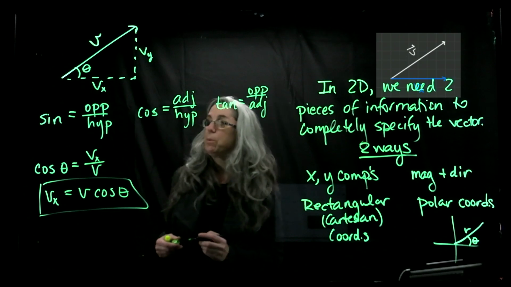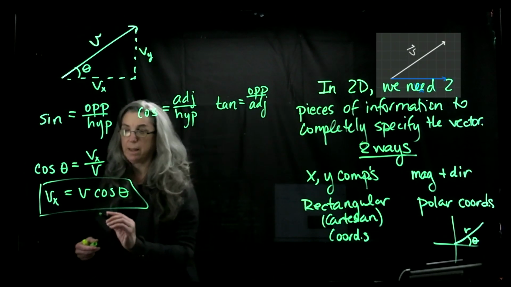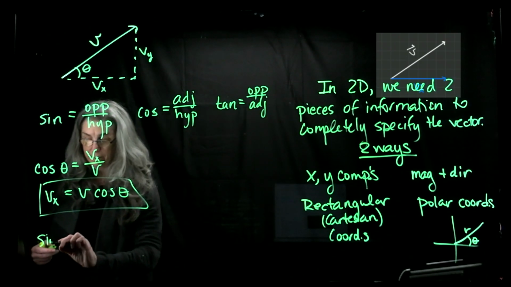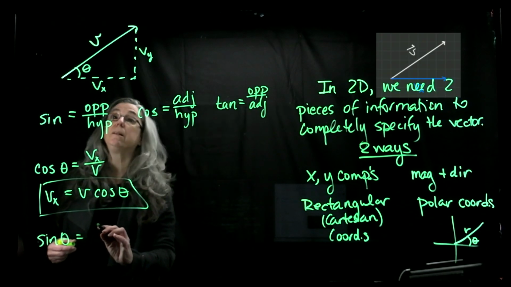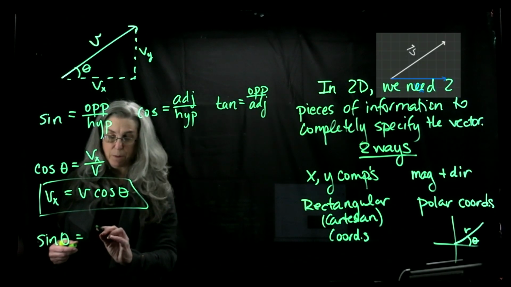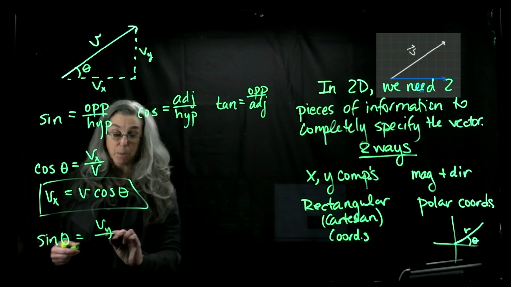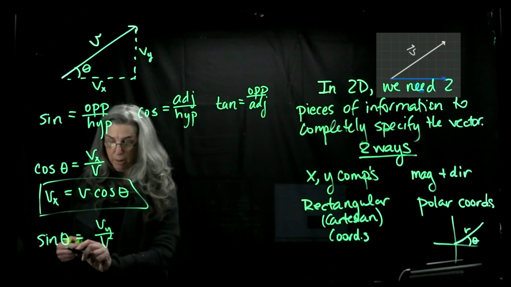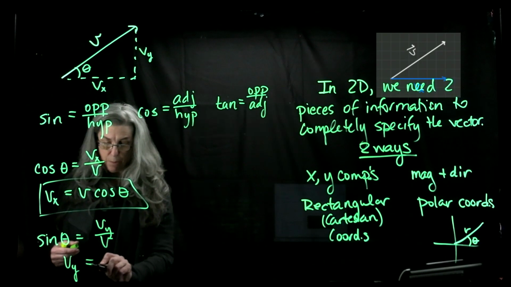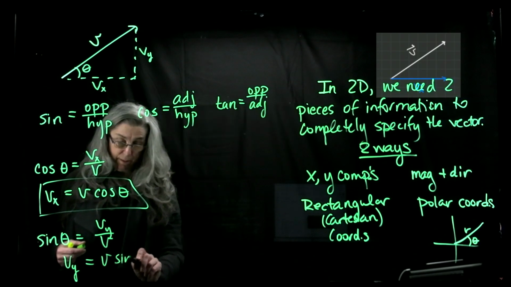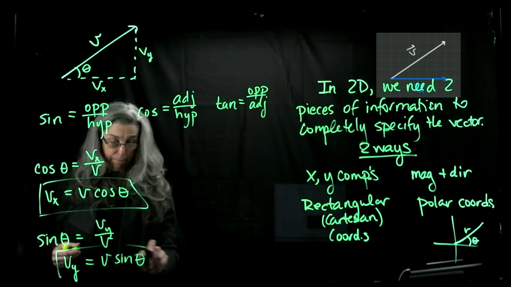Similarly, I can find Vy by doing the sine, and the sine of theta is equal to the opposite over the hypotenuse, which is Vy over V. Cross multiply, and I get Vy equals V sine theta.